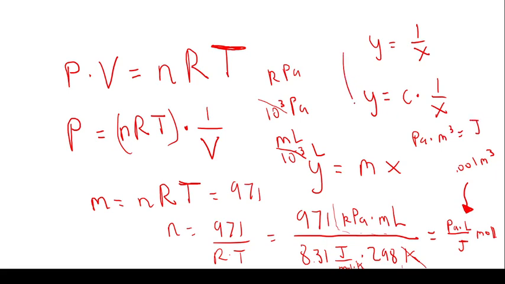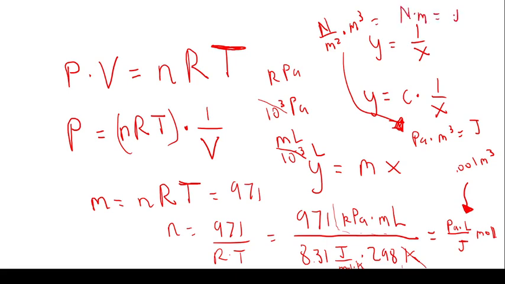That is because a pascal is a force per area. Pressure is force per area, so a pascal is actually a Newton per meter squared. And then if we multiply that by meters cubed, meters cubed divided by meters squared, we end up with Newton meters, and that is a unit of energy.